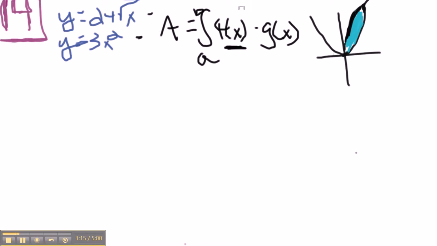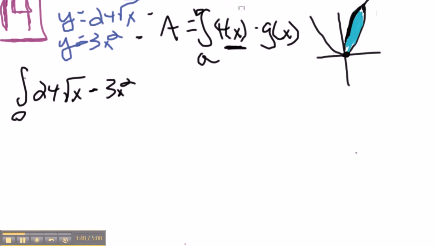So we can start setting that up over here. We know that our lower limit is going to be 0 because they both meet there. So f of x is 24 square root of x minus 3x squared. Okay, and then our upper limit, we can find that by looking at where they intersect.